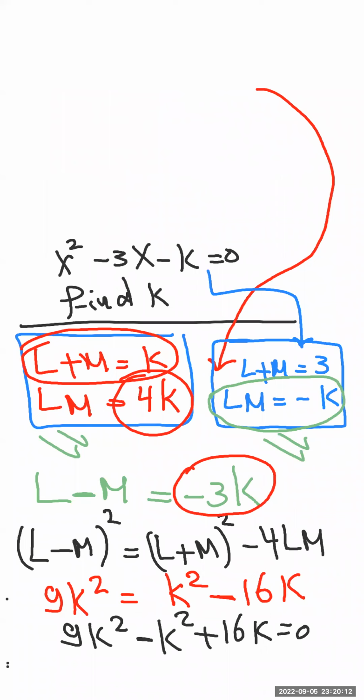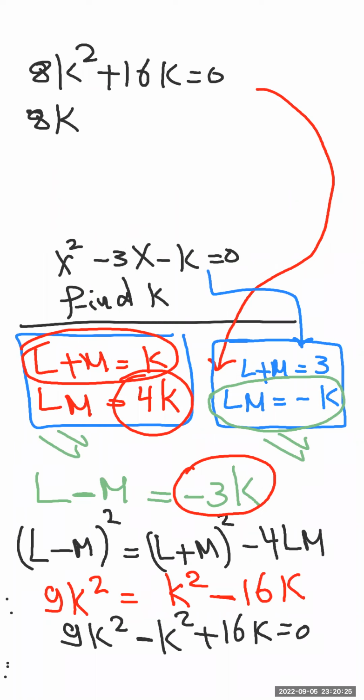So now 8k squared minus 16k equals 0. k is a common factor and 8 also. So 8k times (k minus 2) equals 0.